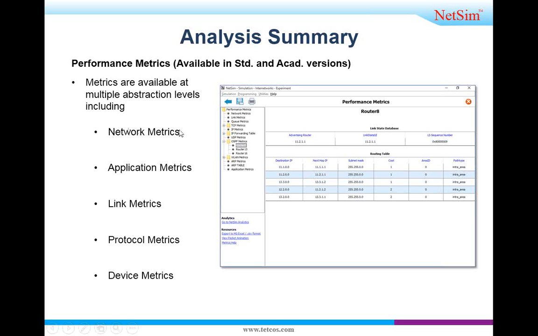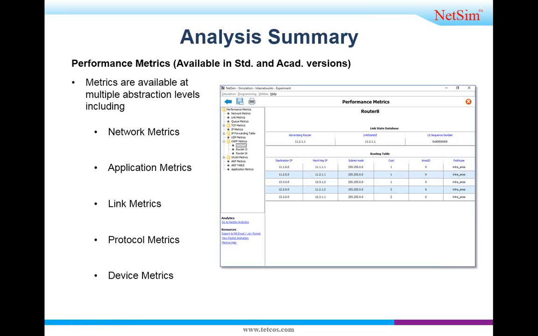The overall performance of the network is given in the network metrics. Application metrics displays the various metrics based on the application running in the network scenario, like throughput, delay, etc. Link metrics displays the values of the metrics related to each link, like packets transmitted, packets errored, and collided. It will give you the information of the link.